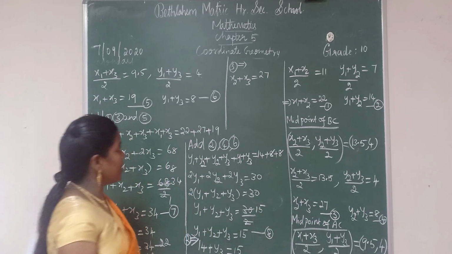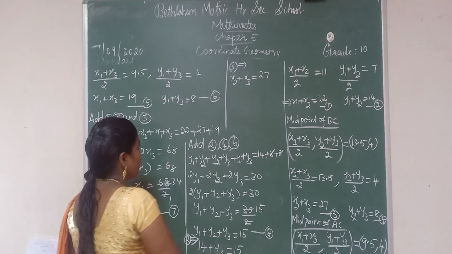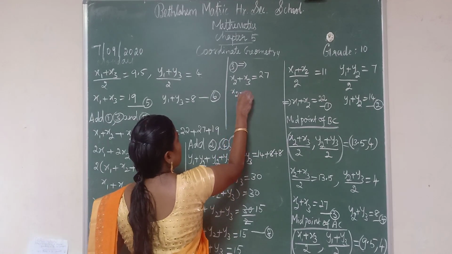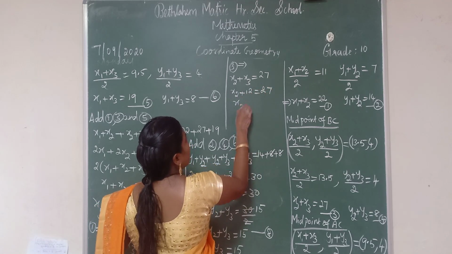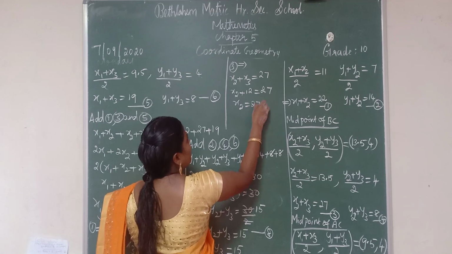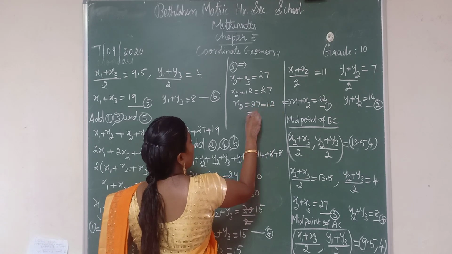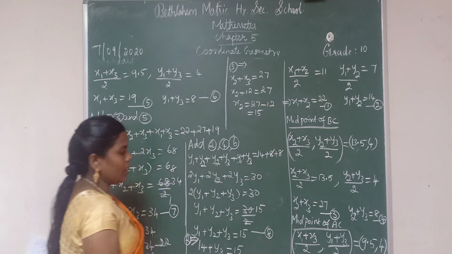We have x3 equal to 12, so in place of x3, substitute 12. x2 plus 12 is equal to 27. x2 is equal to 27 minus 12. We get 15. Okay, x2 over.